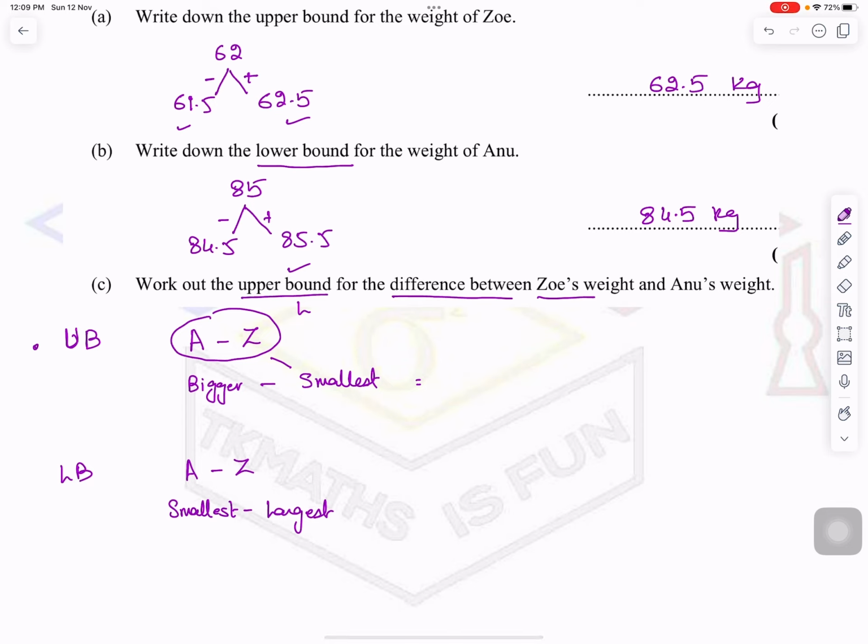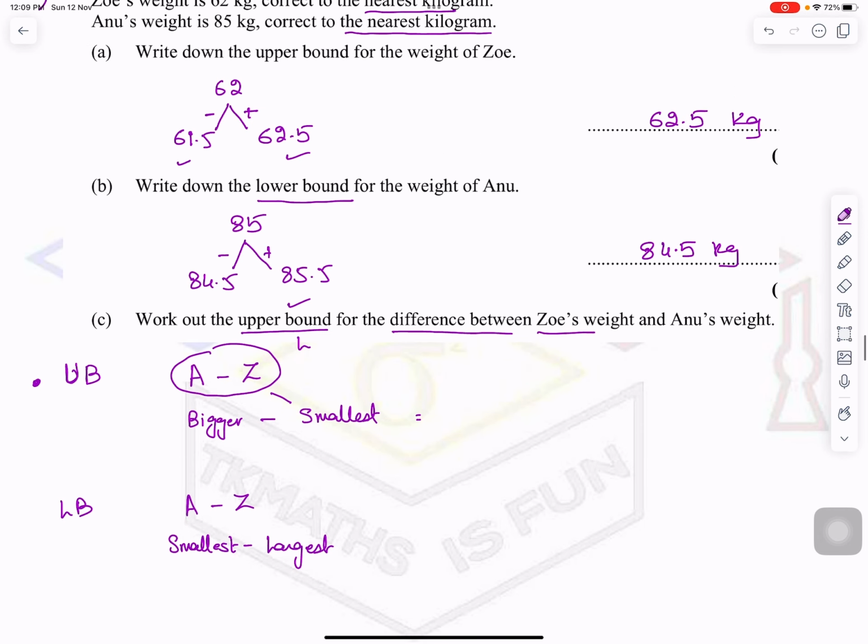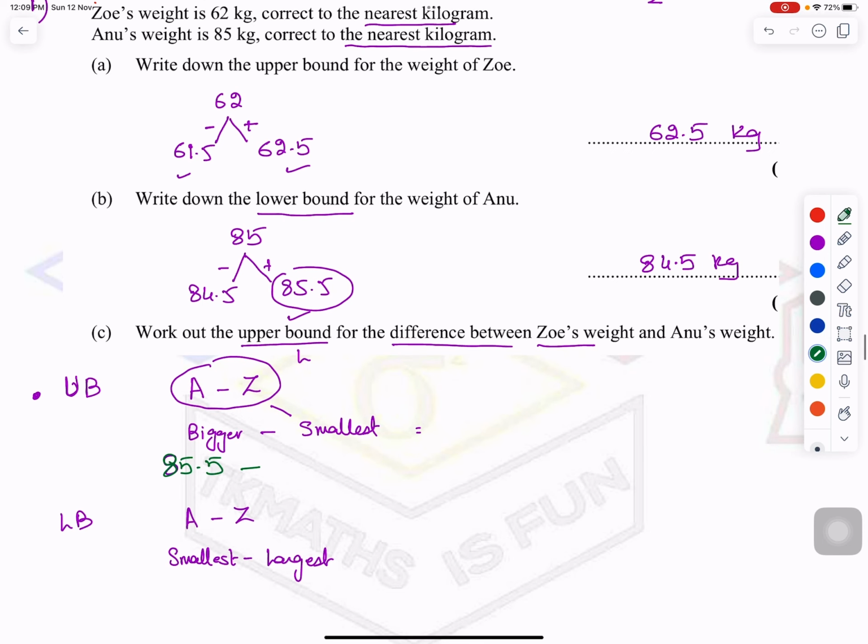So coming back to the upper bound difference, Anu's largest weight is 85.5, which I will write here. Let me change the color. 85.5. And Zoo's smallest weight is this one, 61.5.